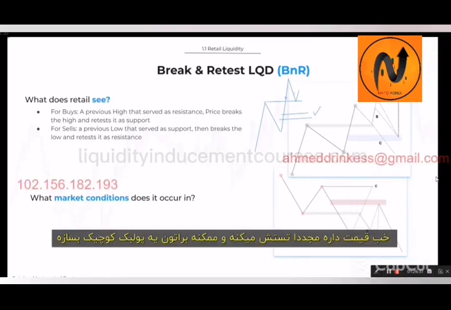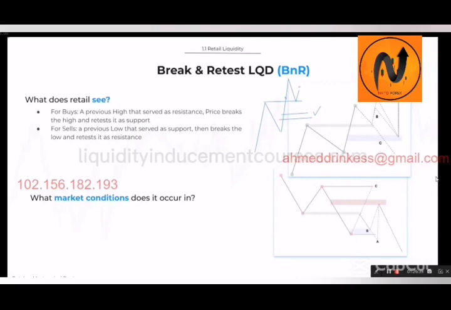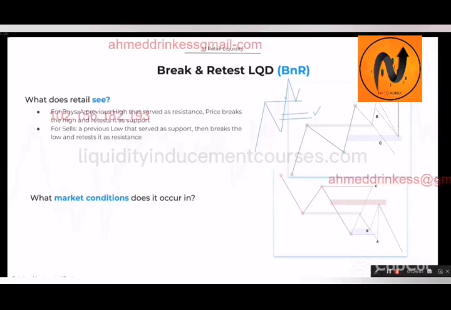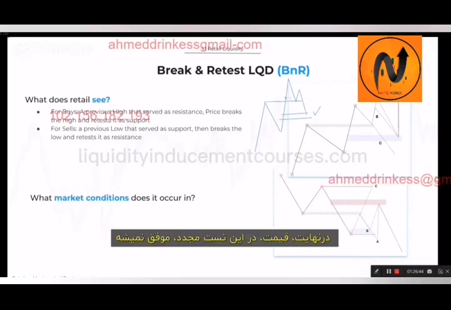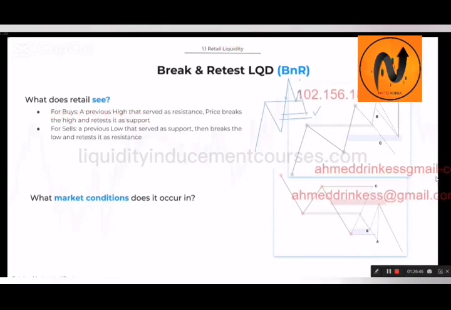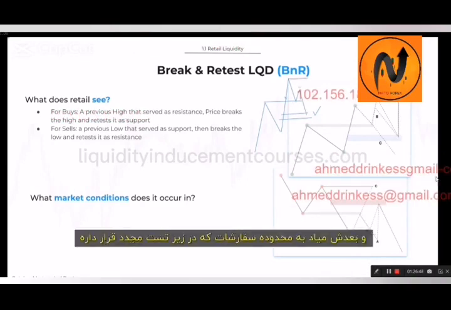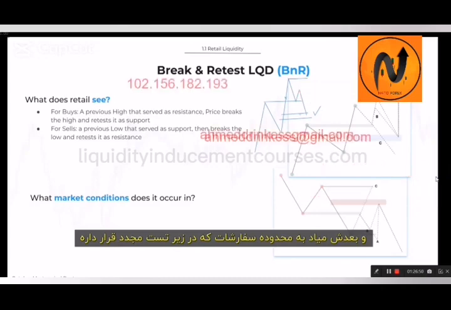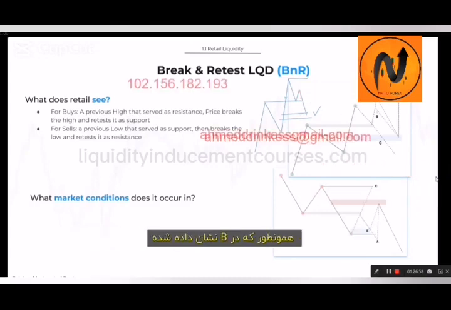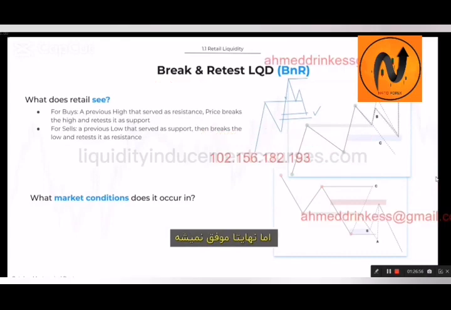So price will retest it, may give you a little pullback. And then what's going to happen? Price will then end up failing from this retest, failing to make a new high, and then it will come to the order block below the retest as indicated in B. It'll give an initial small reaction, but then it'll end up failing.